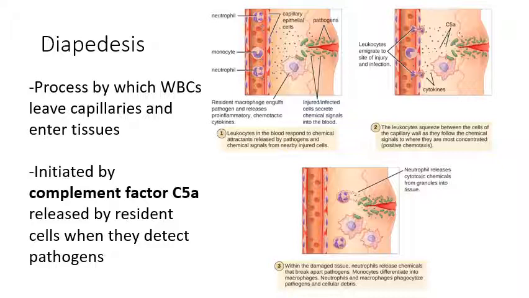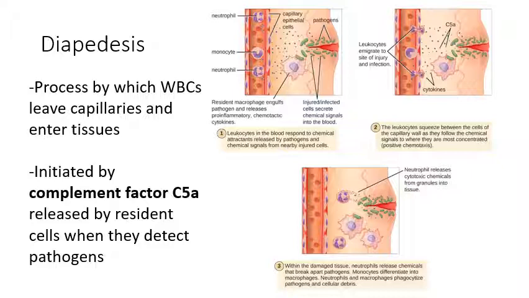Right. Here's a little picture of what diapedesis looks like. Say that there's been damage to the surface of the skin. The initial thing that's going to happen here is the cells that have been damaged, the cells that have been cut, are going to start releasing chemical signals so that the body knows that damage has happened, right?